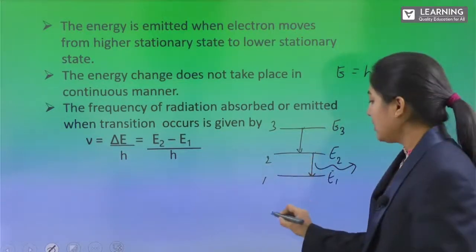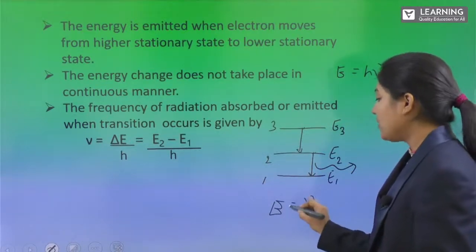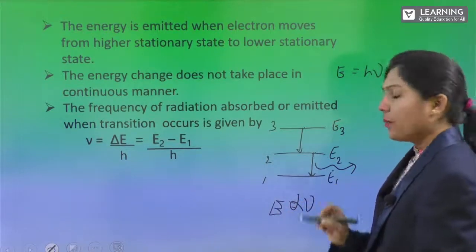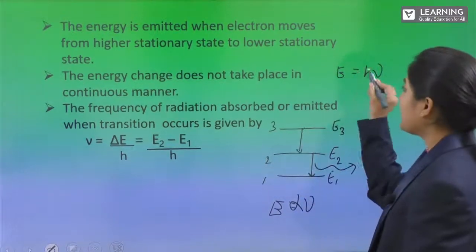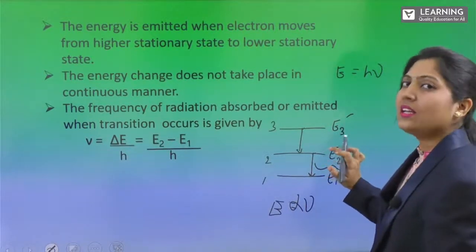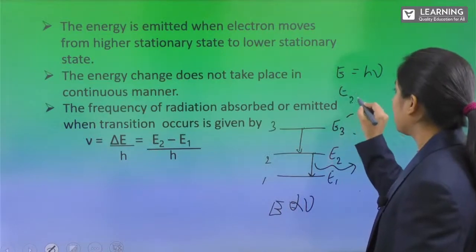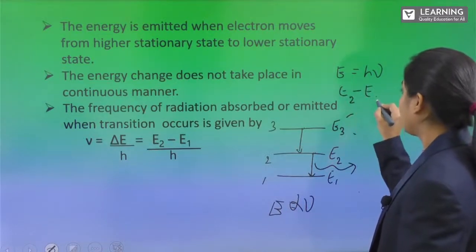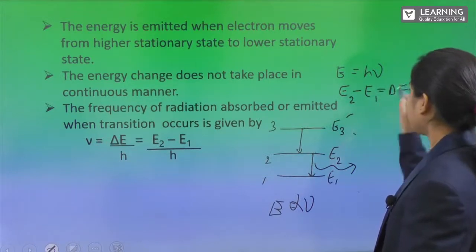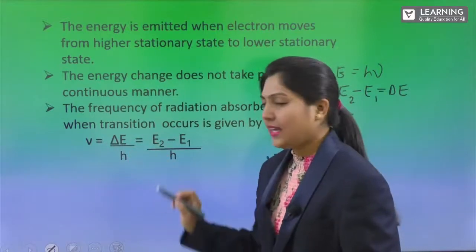That energy we are calculating in terms of mu. As we know, energy is directly proportional to mu. So here, instead of E, we are taking the difference between E2 and E1. That E2 minus E1 will be given as delta E. That is where mu is equal to delta E by h.